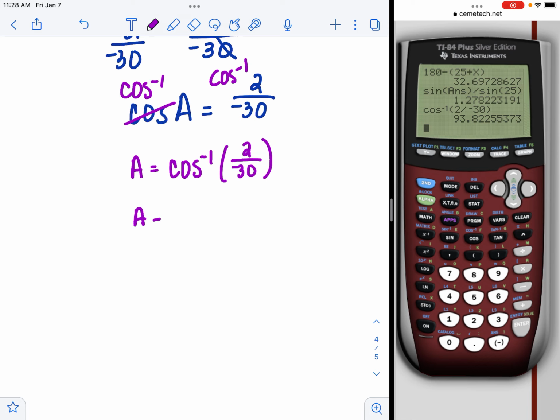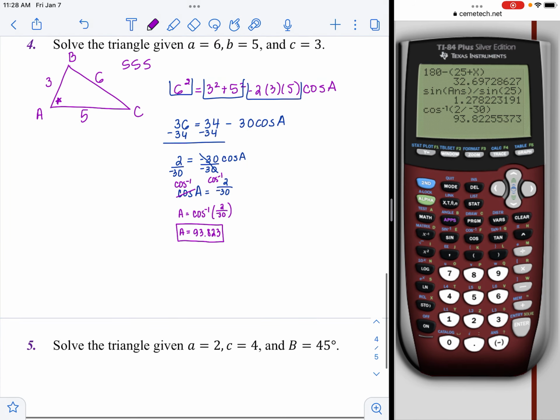And I get 93.823. And that is my first angle that's missing. So 93.823 degrees.